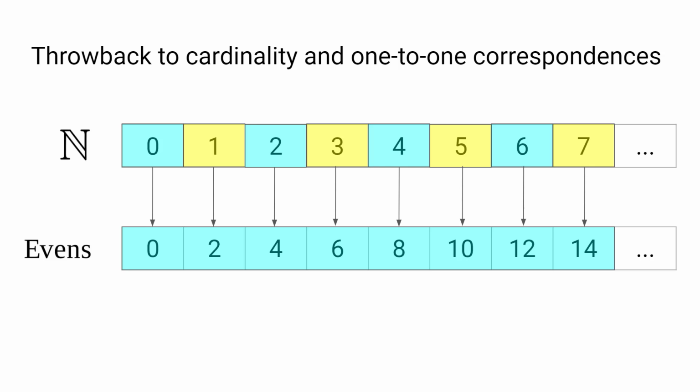Because every even number pairs up with exactly one natural number, that seems to say that these two sets have the same number of elements, even though we can't put an actual numerical value on the number of elements because they're both infinite.